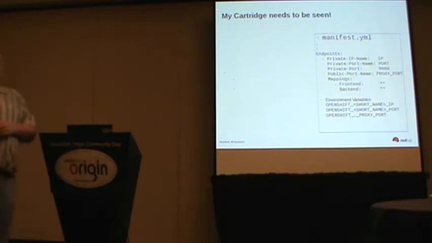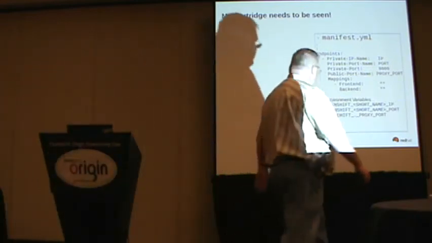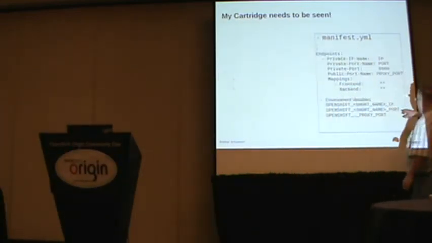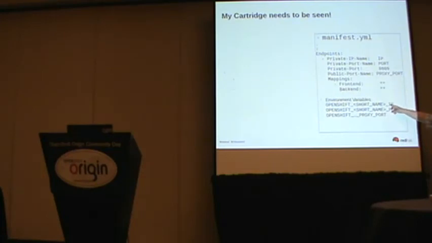What's going to happen is when the system reads in this manifest and the application developer goes, I want to instantiate this, we put OpenShift, short cartridge name, IP. So that when the application developer writes, he knows he can use OpenShift short name IP.